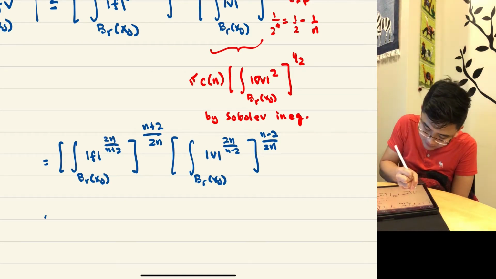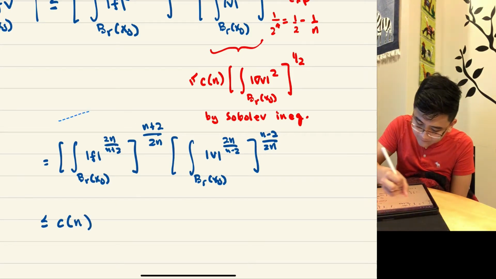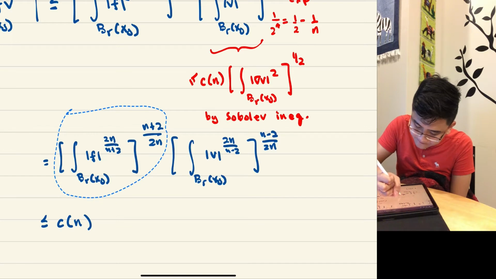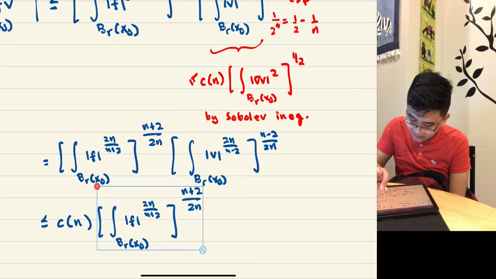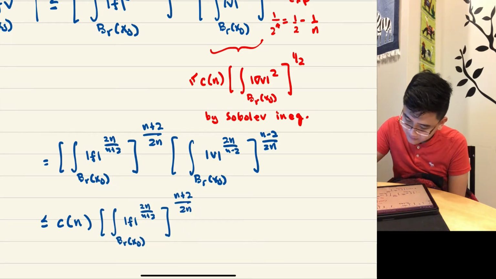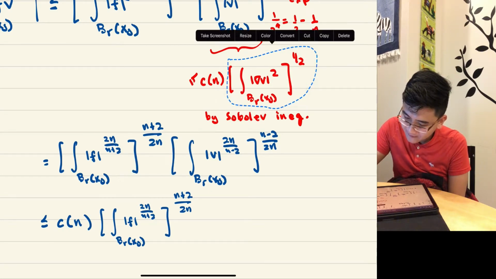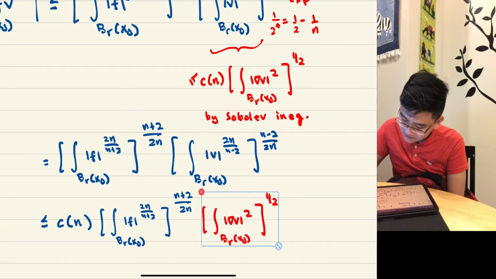So this is less than or equal to some constant dependent on n. I'm just going to copy them so that it's faster. Copy, paste, make it a bit smaller. And then let's copy this. Copy, paste, let's change the color.